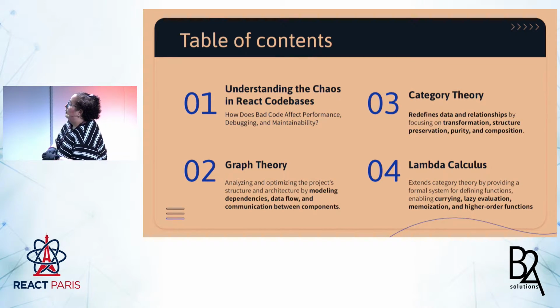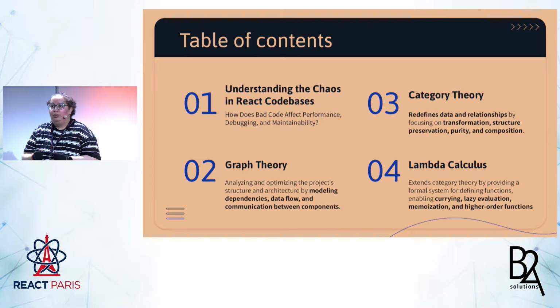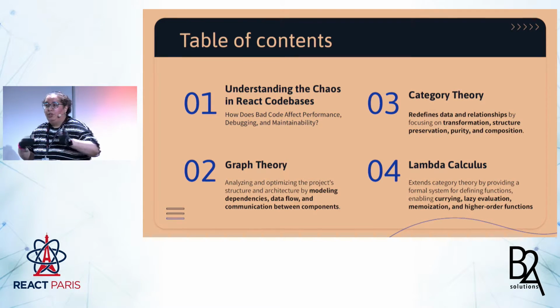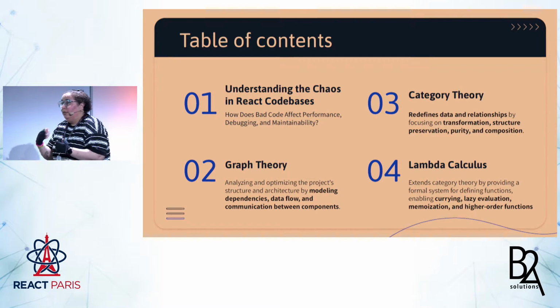Then I will use category theory to redefine data and relationships, since in JavaScript code this relationship is not very well understood or done. Then we will use Lambda Calculus to push our code further to enable performance features like lazy evaluation, memoization, and higher-order functions.